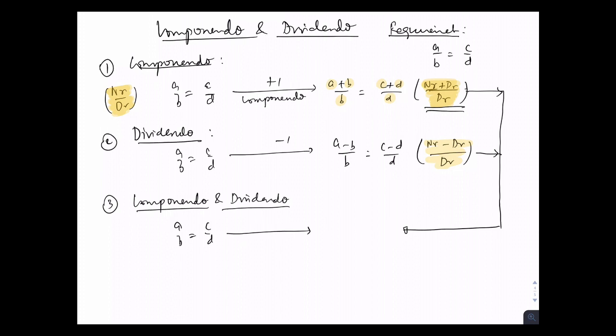Essentially we are adding 1, subtracting 1, and then dividing these two equations, C plus D by D and C minus D by D.